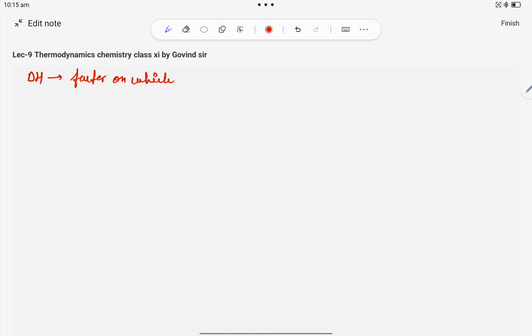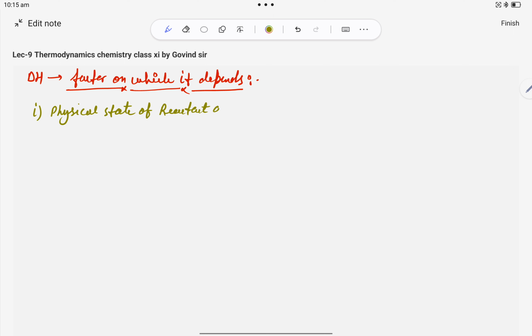So first factor is, children, physical state of reactant and product. Okay, delta H value depends upon the physical state.